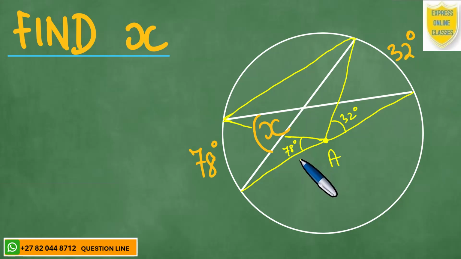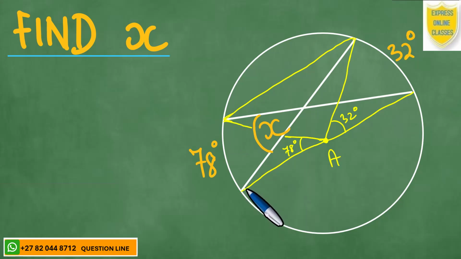For example, the size of this particular angle here at the center is exactly 78 degrees. And the measure of this particular arc is also 78 degrees. We remember that the angle at the center of a circle is twice the angle at the circumference of the circle. So this arc subtends an angle of 78 degrees at the center.